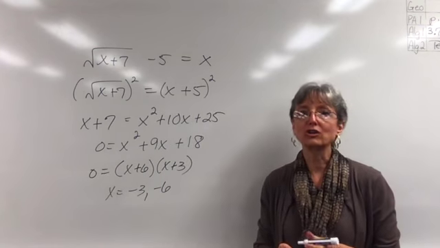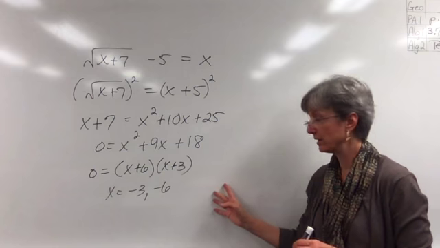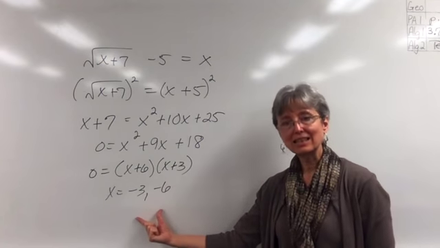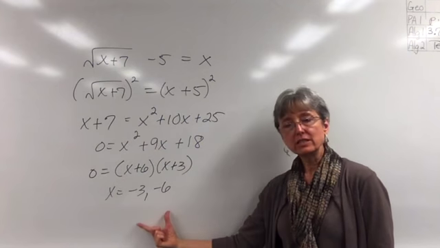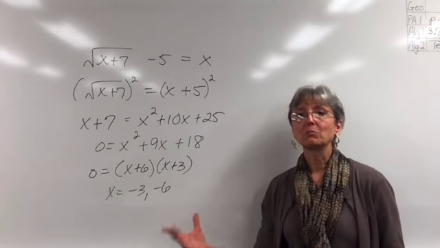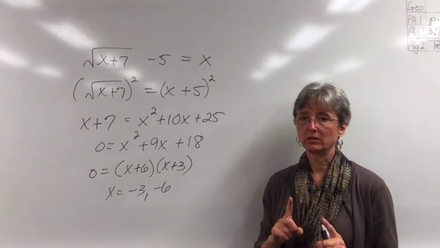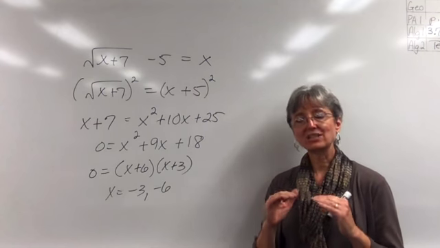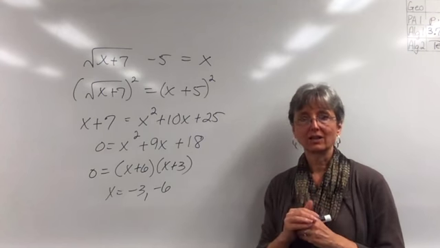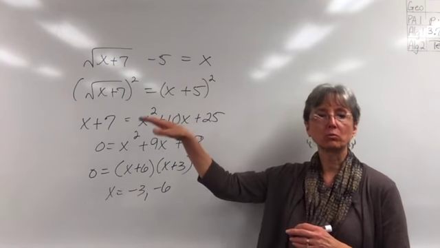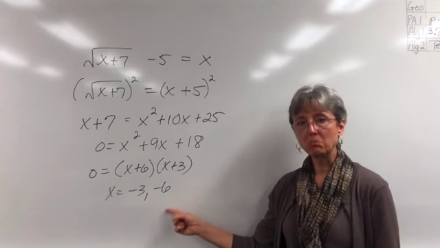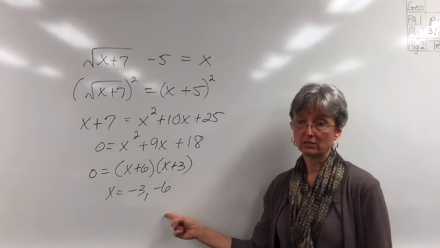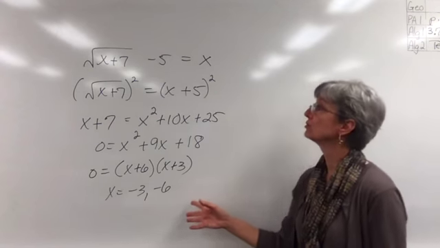Hopefully this is all good because we've been doing this for a while, right? The thing is at this point, because we squared the x, these numbers look like they could work, but they won't necessarily. You could have what's called an extraneous solution, a number that appears to work, but when we try to put it in the equation, it doesn't work. At this stage, you must check your answers to make sure that they are solutions.